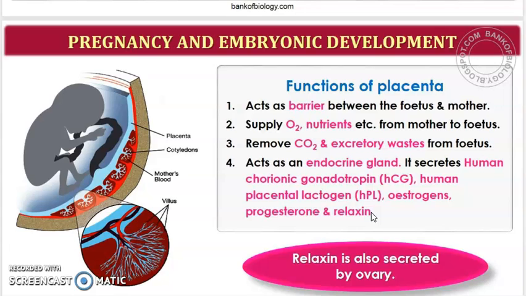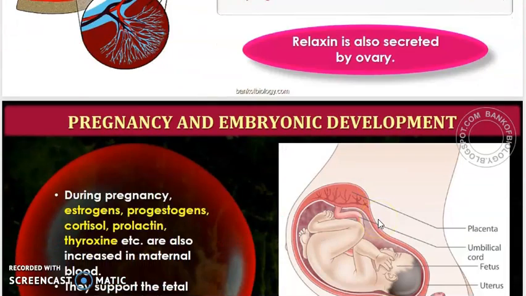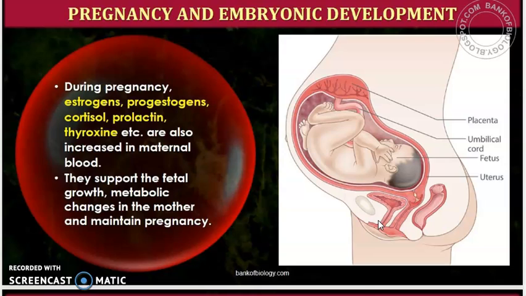Okay, so in addition to these hormones, during pregnancy the levels of other hormones also show an increase. During pregnancy, the levels of other hormones like estrogens, progesterones, cortisol, prolactin, thyroxine, etc. are also increased in the maternal blood. It means that in the body of the woman who carries the fetus, the amount of estrogen and progesterone increases.